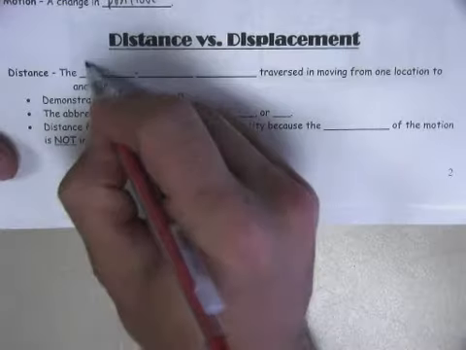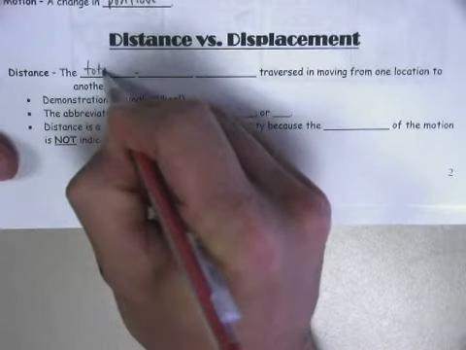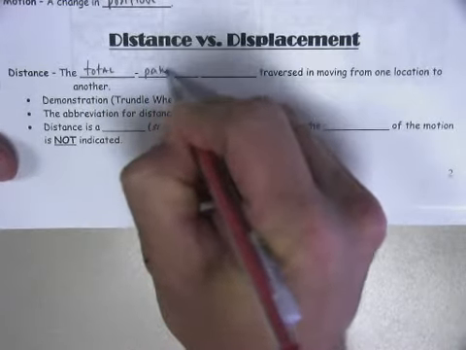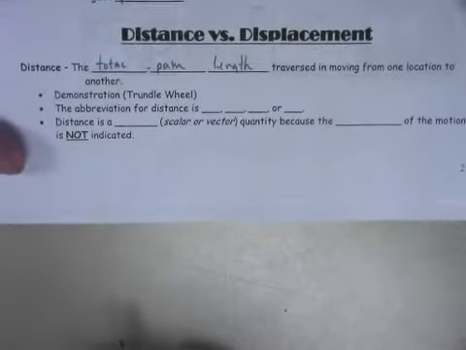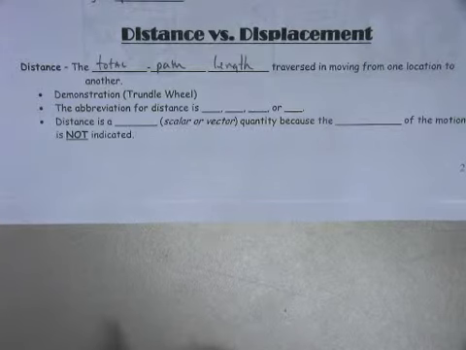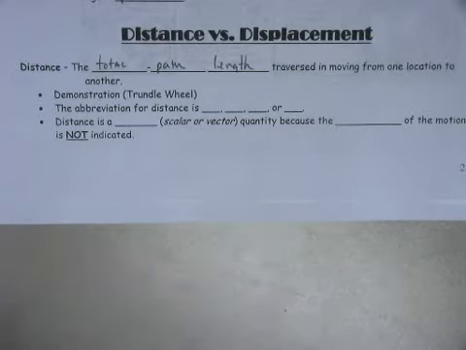The first term is distance, and it is the total path one traversed in moving from one location to another. In class, I use a trundle wheel, which is just a wheel that measures distance, and I walk around the classroom, and it clicks off and tells you how far you went.